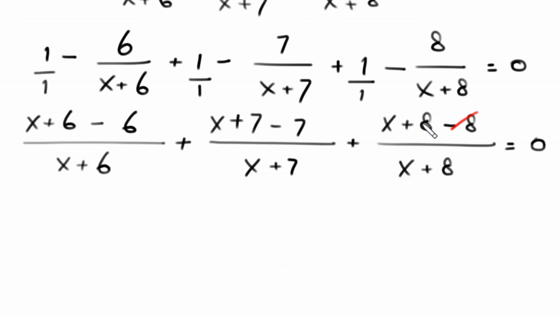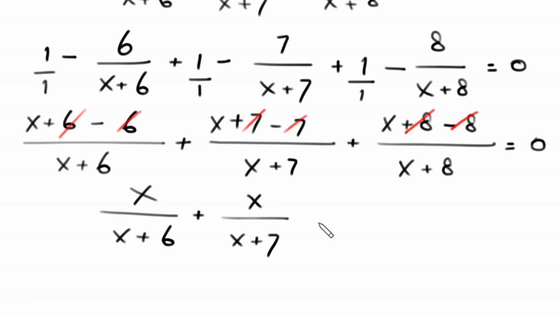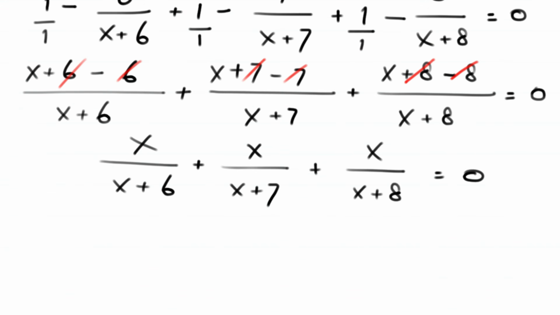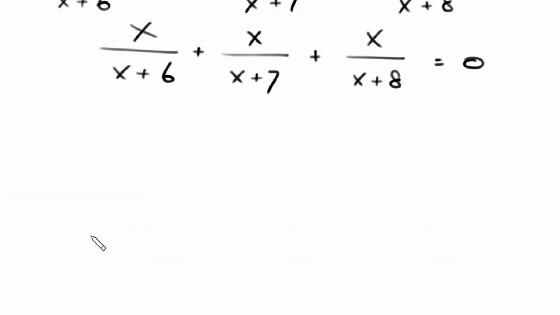Now this negative 8 and positive 8 cancelled out, negative 7 and positive 7 cancelled out, negative 6 and positive 6 will be cancelled out, and we are left with x divided by x plus 6 plus x divided by x plus 7 plus x divided by x plus 8 equal to 0. Now from these three terms we can factor out x.